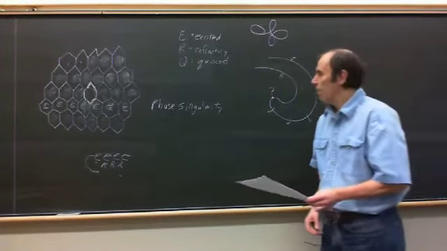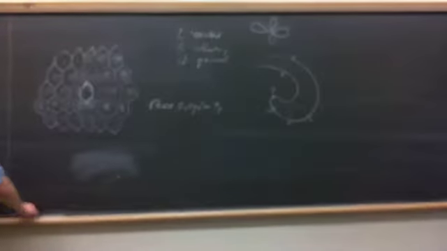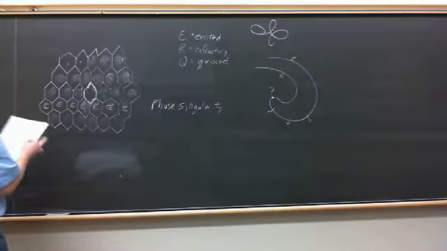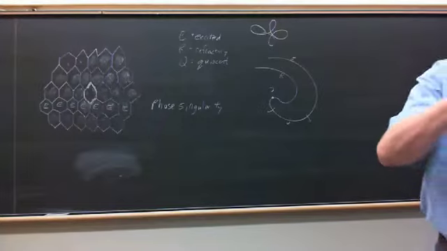I really need to have a bigger array to make this clear. Let's see. How many of them are there?